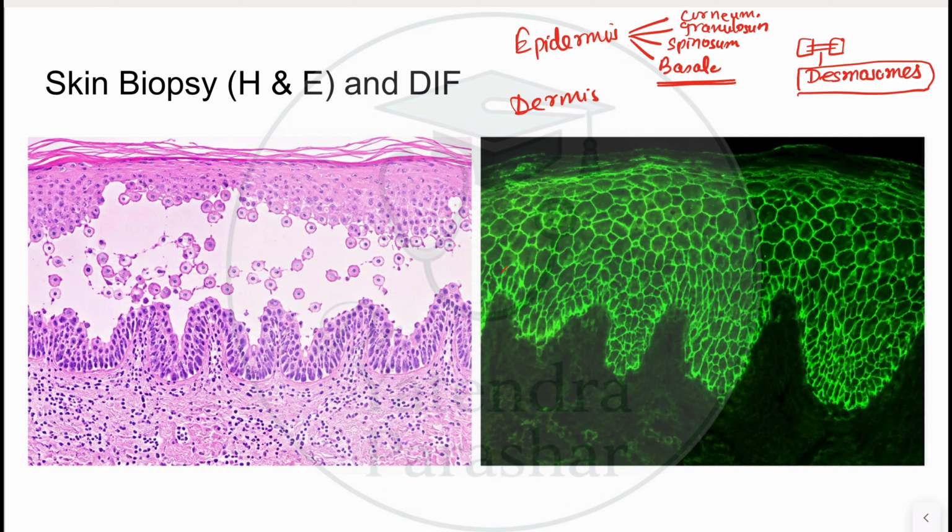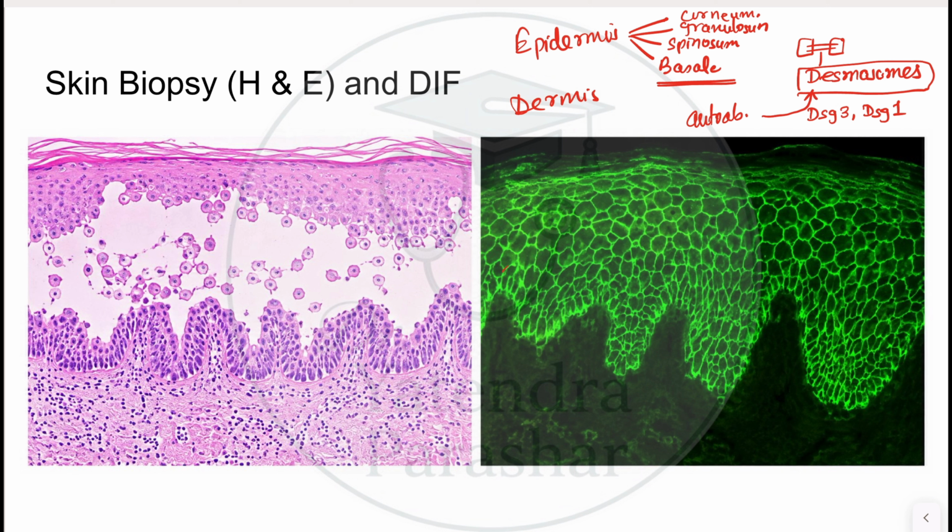In cases of pemphigus vulgaris, autoantibodies are formed against the desmosomal proteins known as DSG3 and DSG1, which results in the destruction of desmosomes and leads to the loss of cohesion between the two cells.